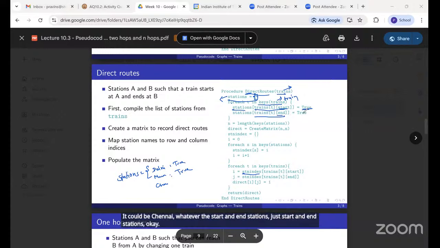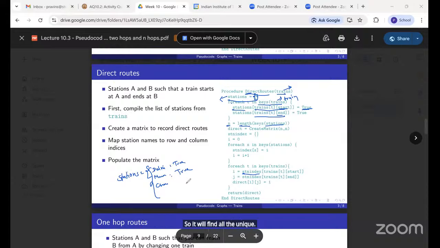We are setting it and computing n, which is the length of the station keys. After giving the station keys, it will find all the unique stations from start and end, so you will have the list of stations where a train can start and end, unique keys.